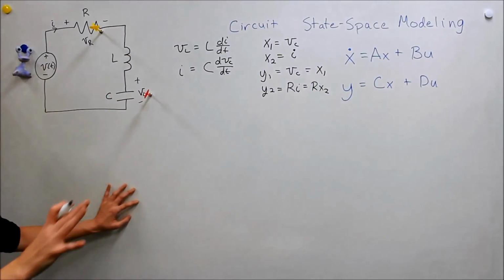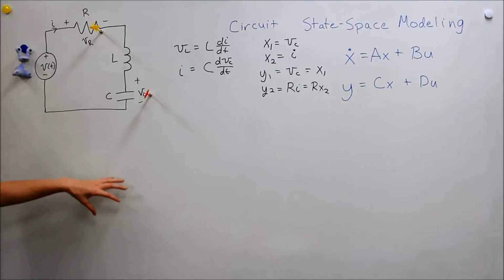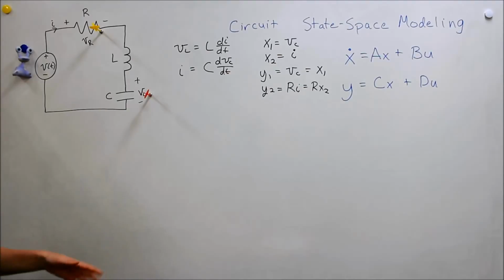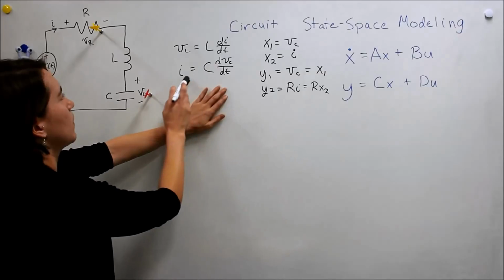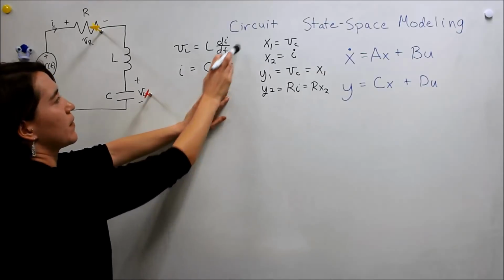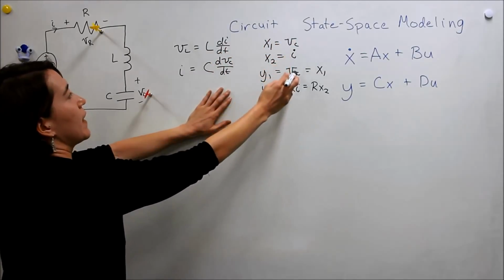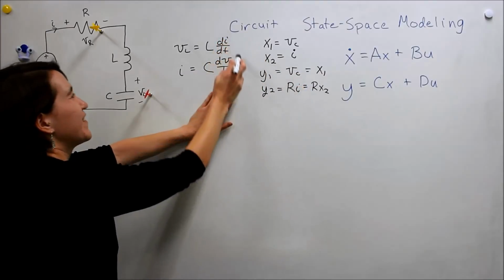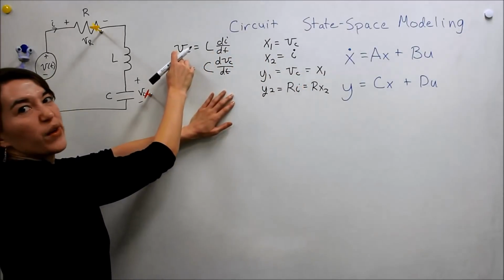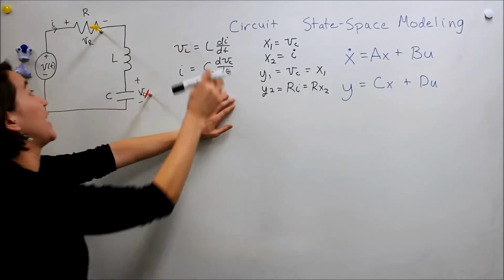Okay, so we've got all our main definitions. So these so far are all in our states, VC and I, but we have this VL as well. So we actually need to find a new equation for VL.